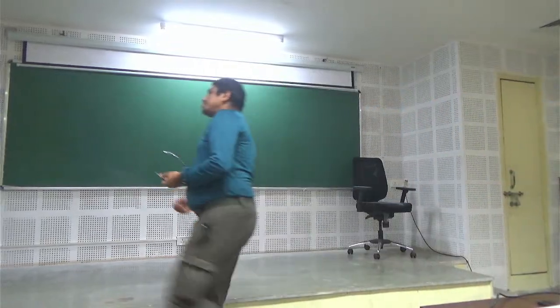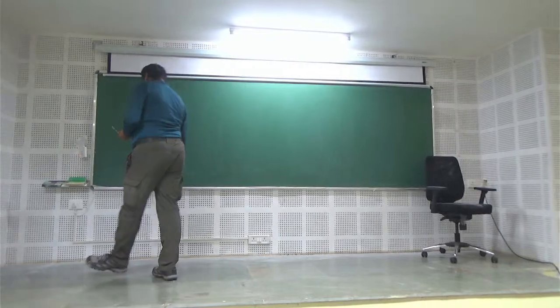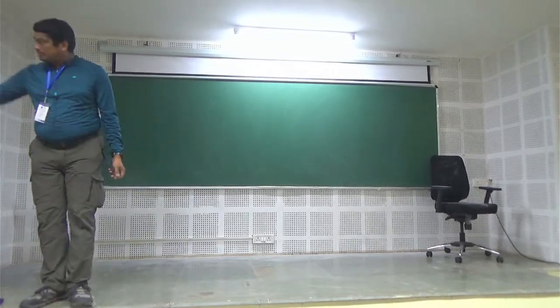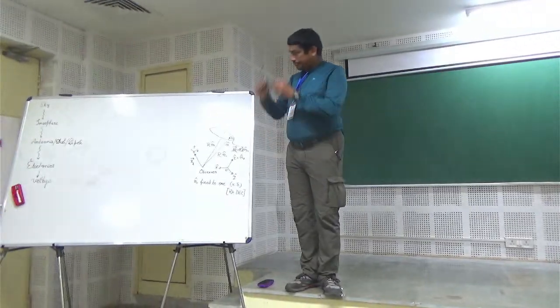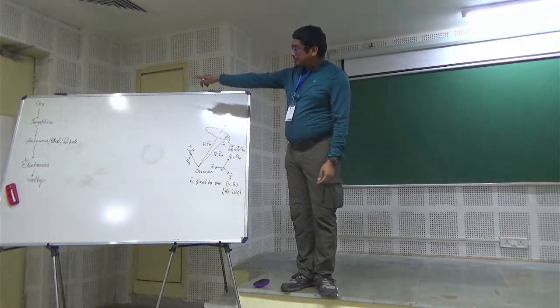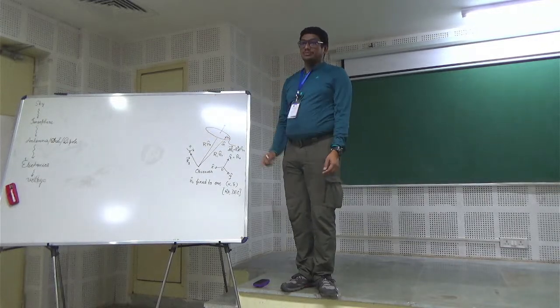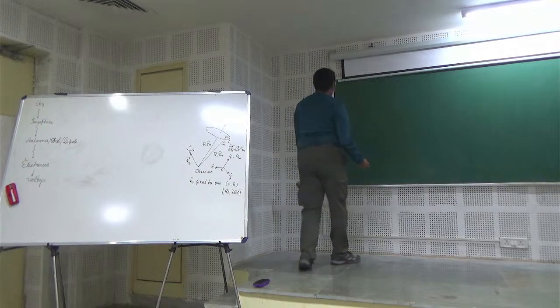The way we will proceed is, first we will assume there is no ionosphere and all. We'll just write down the electric field just before the antenna if there is no ionosphere.